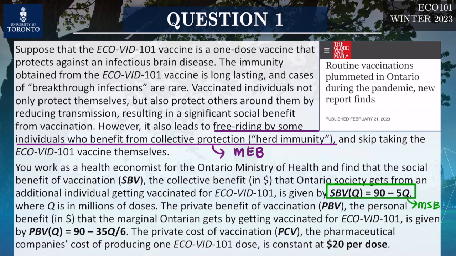And the other equation, the second one, the private benefit of vaccination, which is defined as the private benefit that one additional vaccinated person gets from getting the vaccine. Well, this is, of course, the marginal private benefit according to this definition. And the last information that we have, the pharmaceutical company's cost of producing one additional dose of the vaccine. This is, of course, the marginal private cost of producing a vaccine.